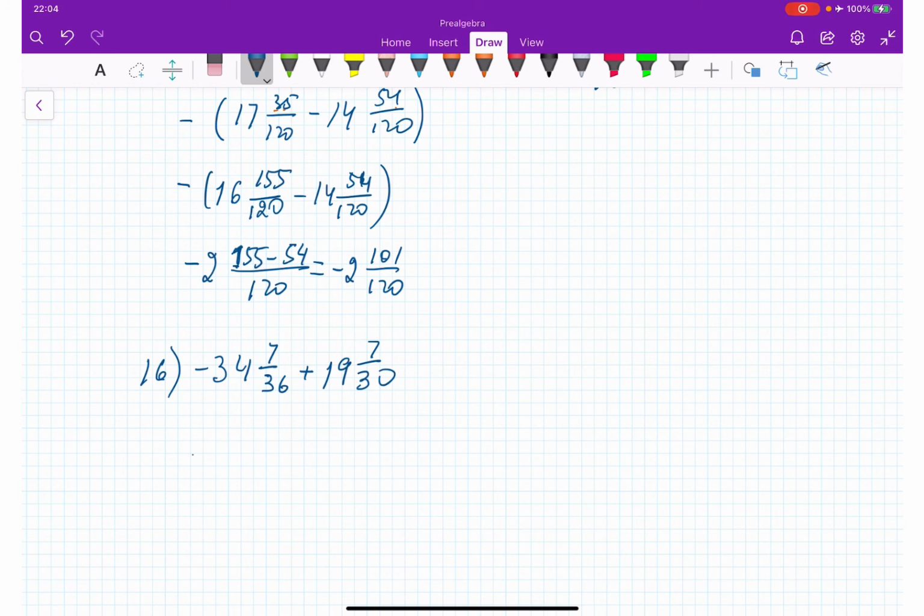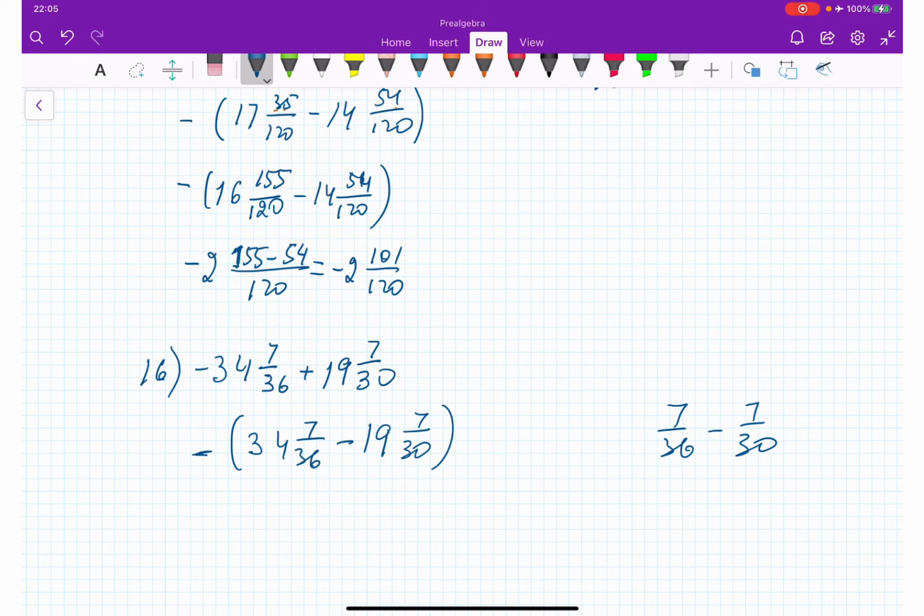And the answer is going to be negative, which means I put negative in front of parentheses, and in parentheses, 34 and 7 over 36 minus 19 and 7 over 30. Okay, what do we know? Let's see if 7 over 36 minus 7 over 30 will work out without using the whole part of the number. So 36 and 30, what is going to be the common denominator? Let me think about it.